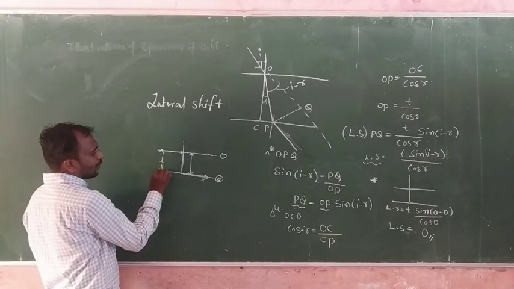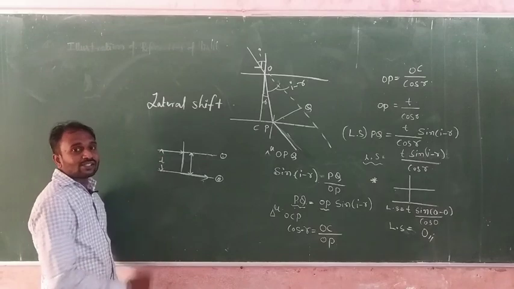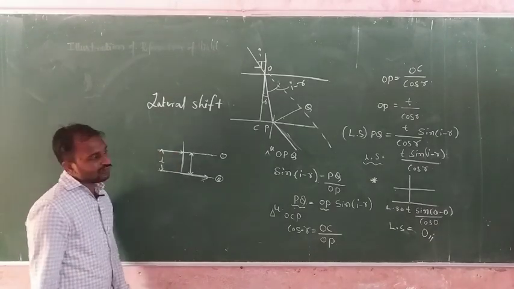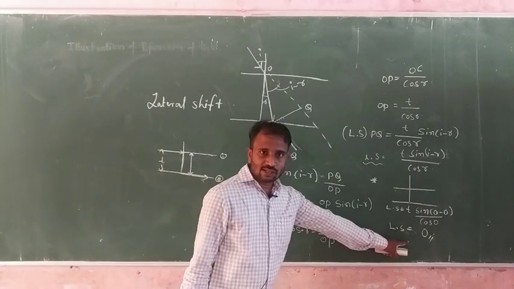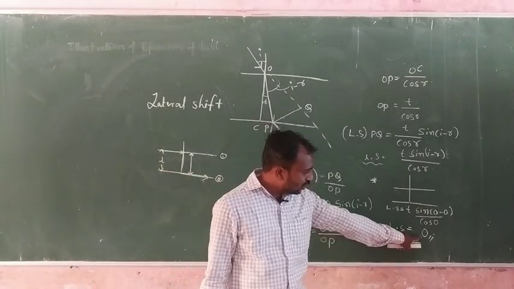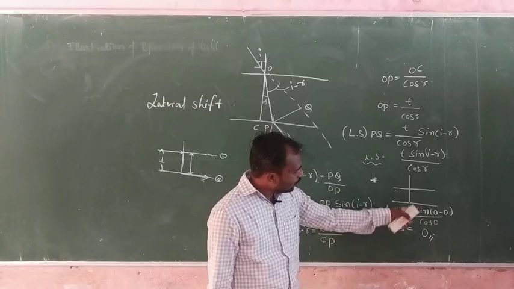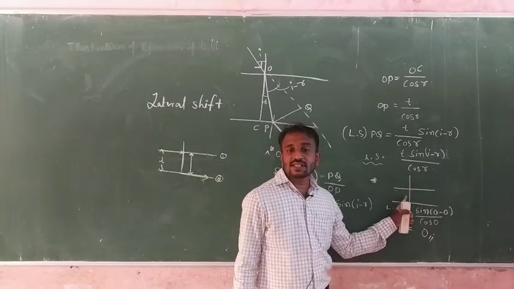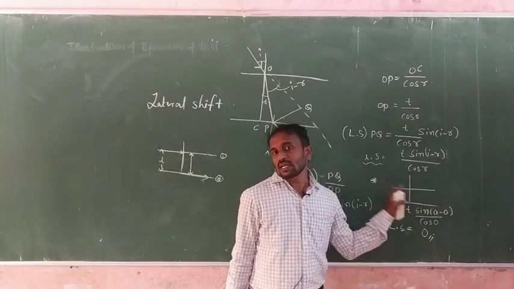So this one is the maximum lateral shift and this one is the minimum lateral shift. We want to calculate the minimum lateral shift. We get the minimum lateral shift when the angle of incidence is normal to this glass slab.